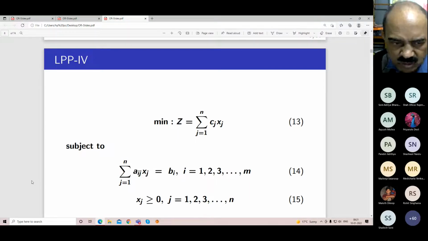See model 3 and model 4, these are two typical models, and specifically we have taken equations as constraints instead of inequations. This also represents linear programming models, and we would like to find the solution of such models. So next.